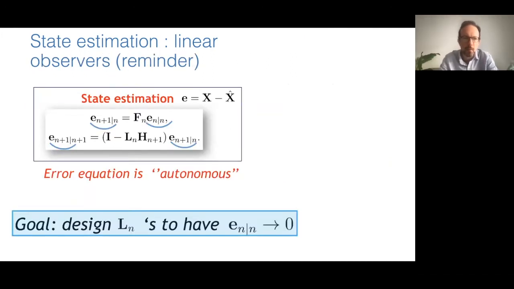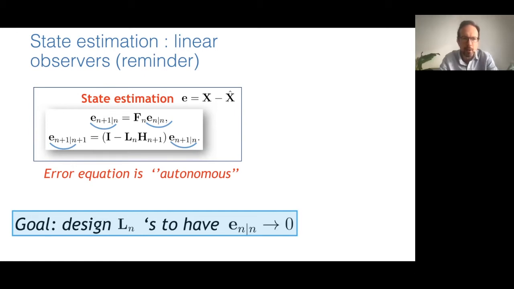The important point about observers in the linear case is that the error system is autonomous, meaning that the error at propagation and update is only a function of the error before.